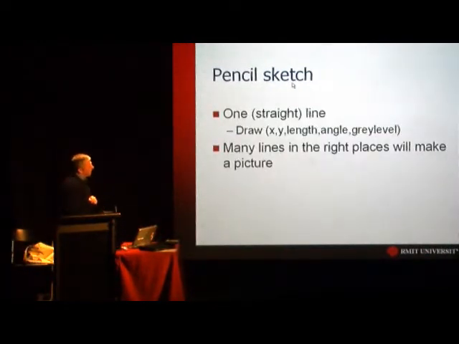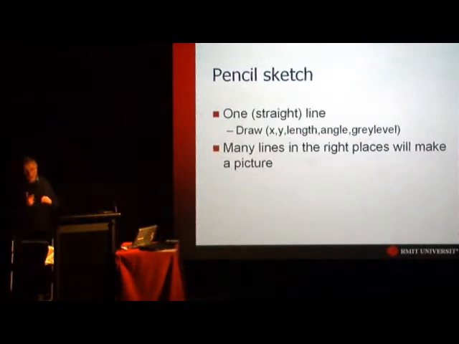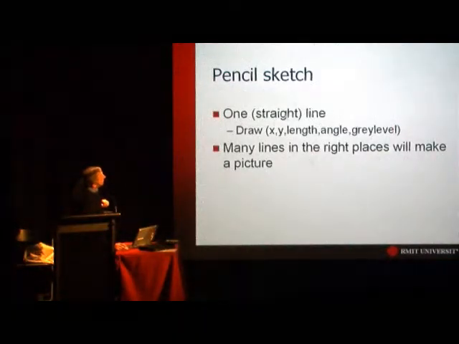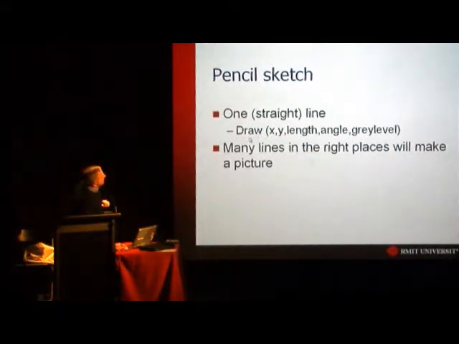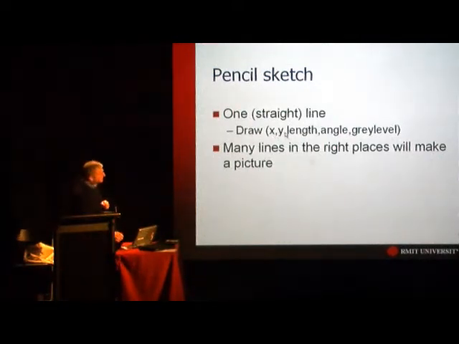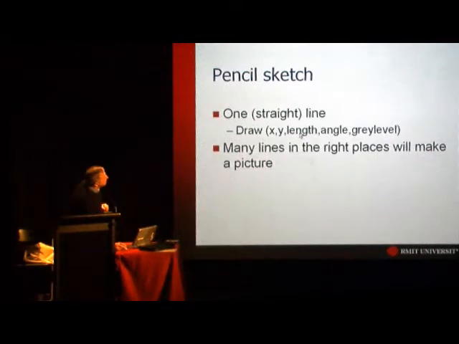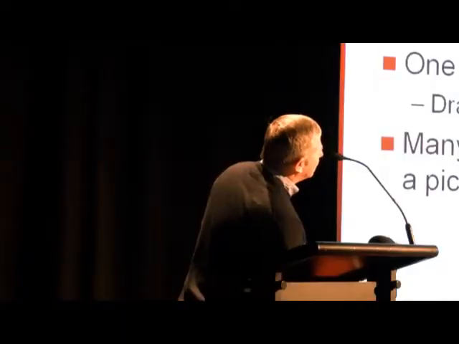So if you think of perhaps something like a pencil sketch, you're drawing a line with a pencil, and if we want to draw one straight line, we have to say it's going at this X and Y position on the canvas, it's going to be this long, the angle to the X direction will be this much, and the grey level intensity will be this much.